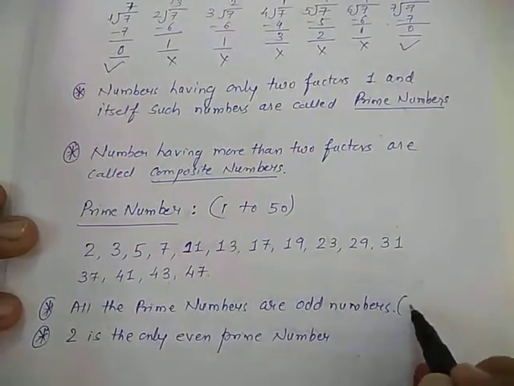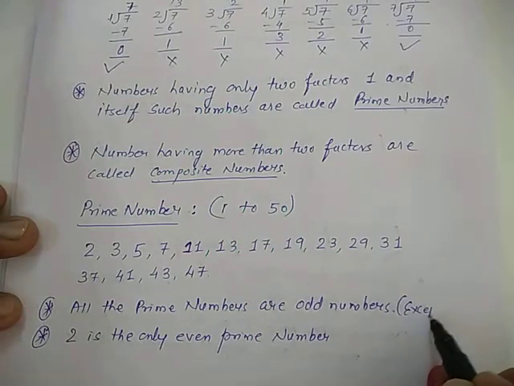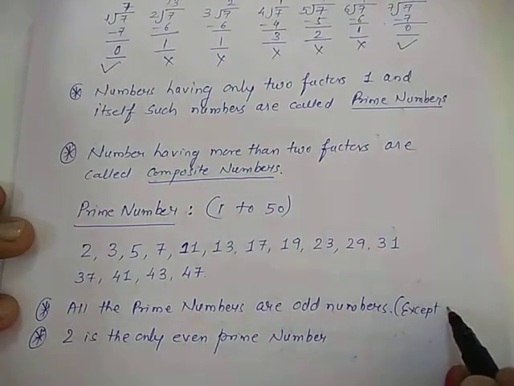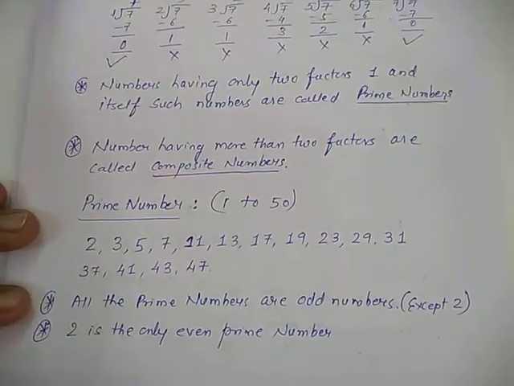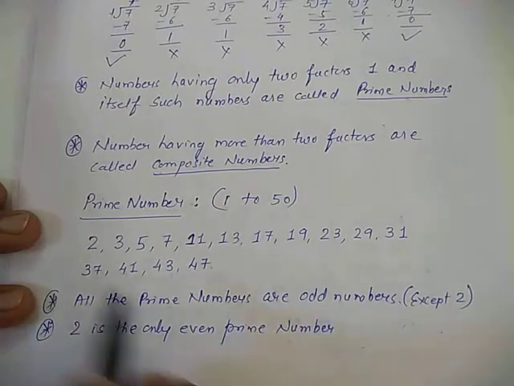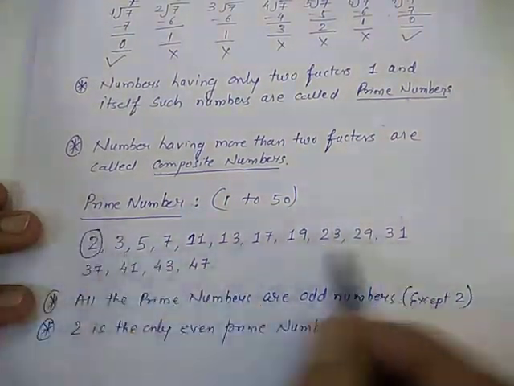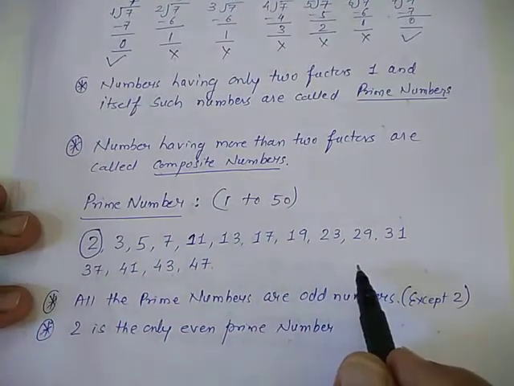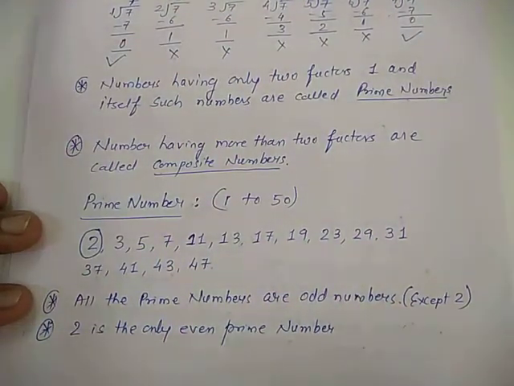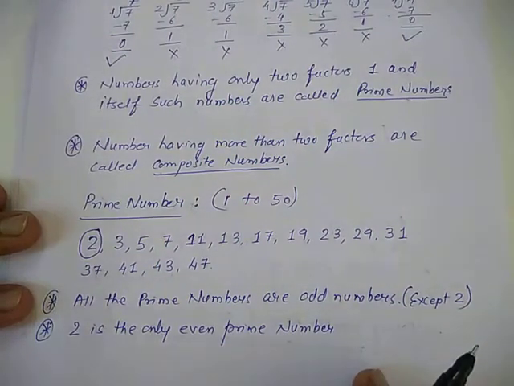So I will write here: except 2. Okay, 2 is the only even prime number. All other prime numbers will be odd numbers only. Clear, friends?